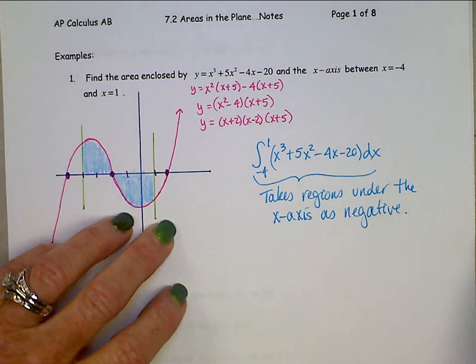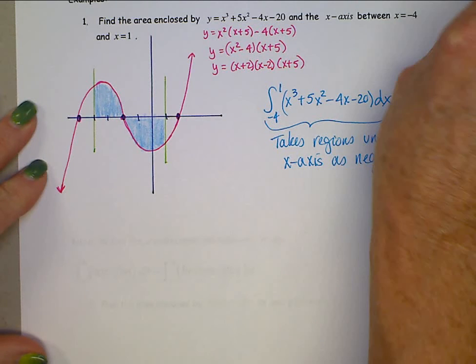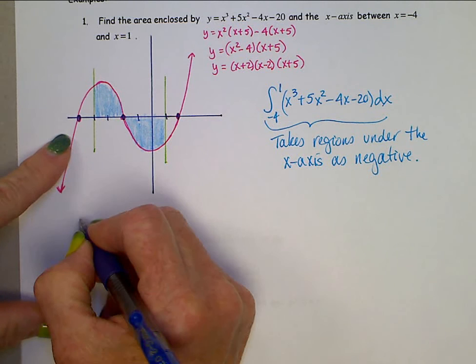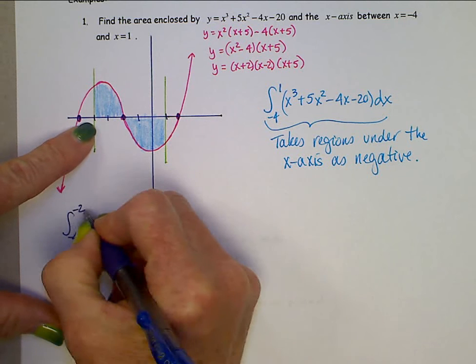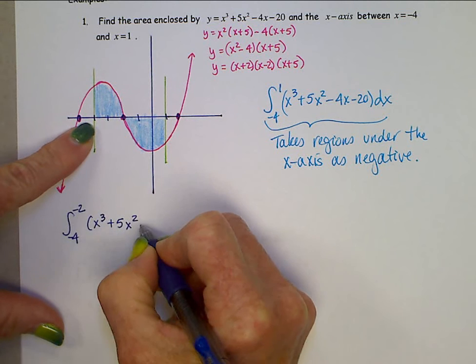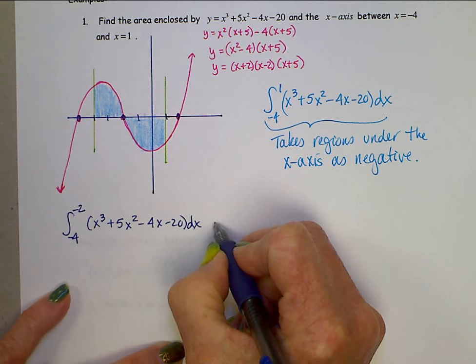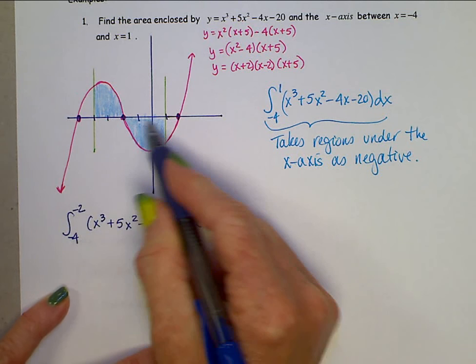And we don't want that. We want the total area, so we have to turn everything to be positive, which means that we will need to split this into two separate integrals. So we will have to look at the integral from -4 up to -2 of this x cubed plus 5x squared minus 4x minus 20. And then we have to subtract off this integral from -2 all the way up to 1.